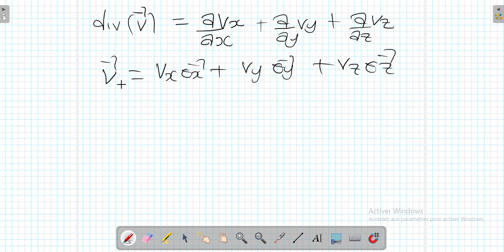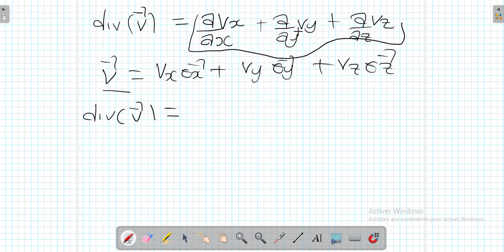Initially this was a vector. If I pass it through this mathematical operation, I'm going to have a scalar. Why is this a scalar? There's no direction. You don't see anything that has to do with direction here. There's no arrow here.